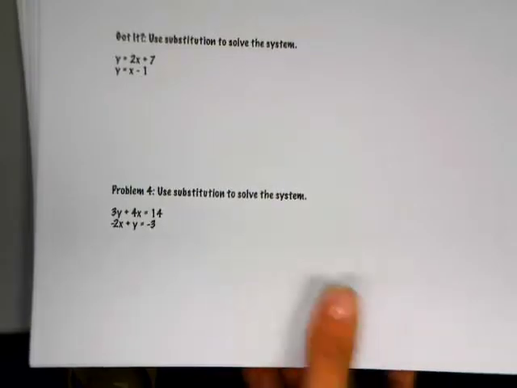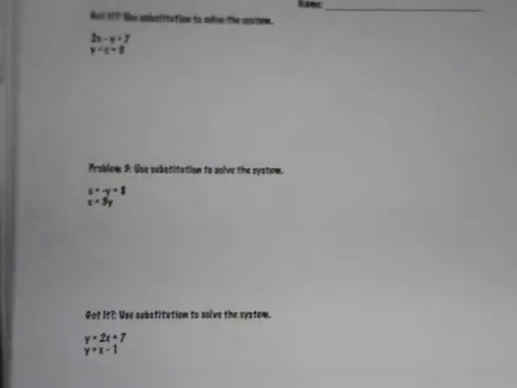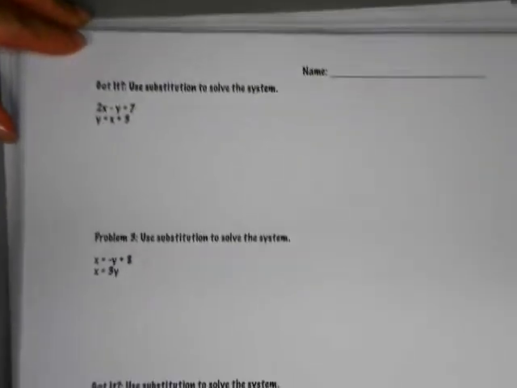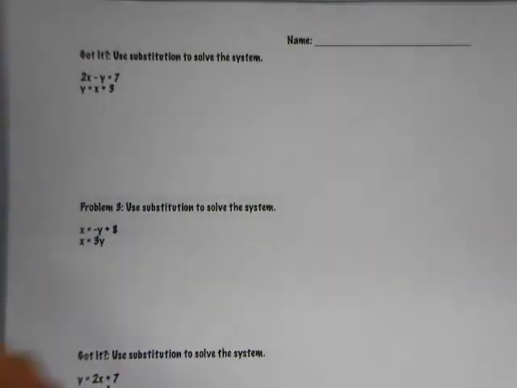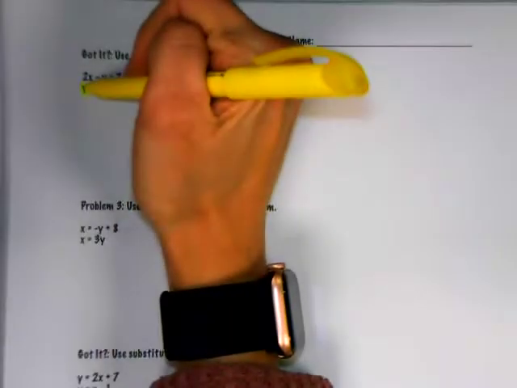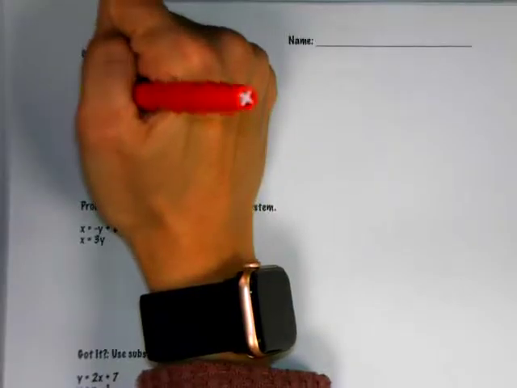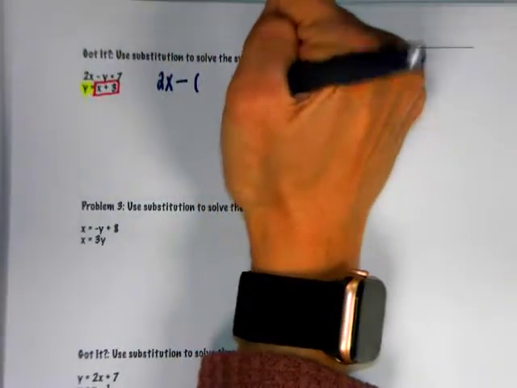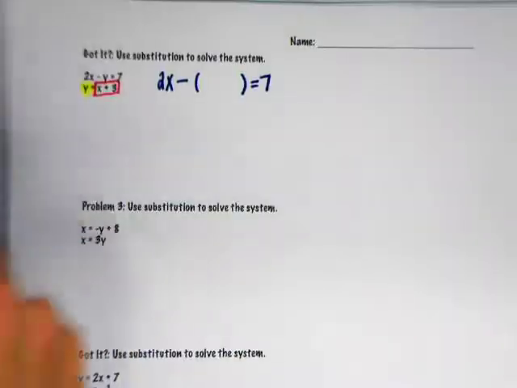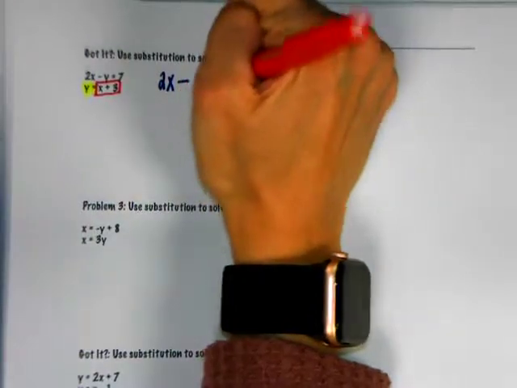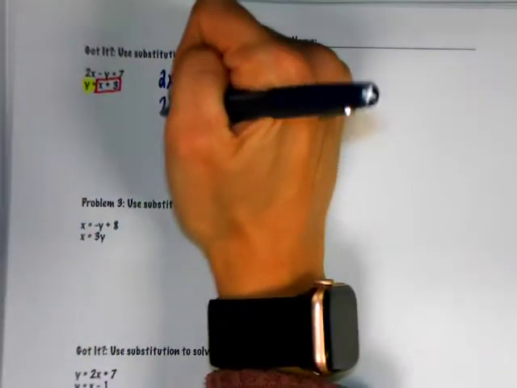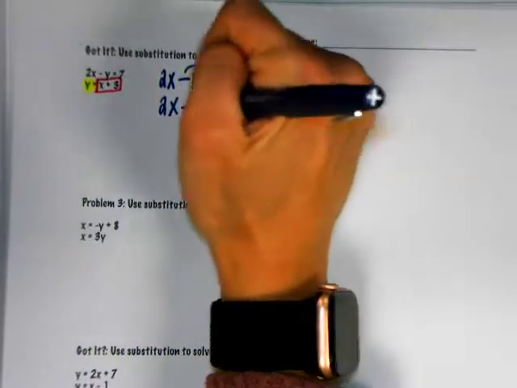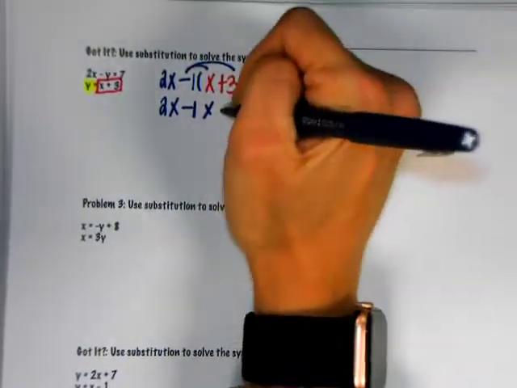Next one. So on the got it, we have y equals x plus 3. So that's going to go in for the y. So 2x minus y equals 7. And in place of the y, put x plus 3. And remember, that's like a negative 1. Negative 1 times x, negative 1x. Negative 1 times 3, negative 3.